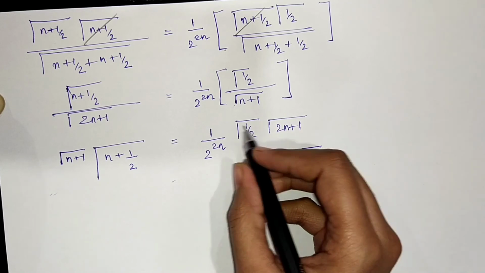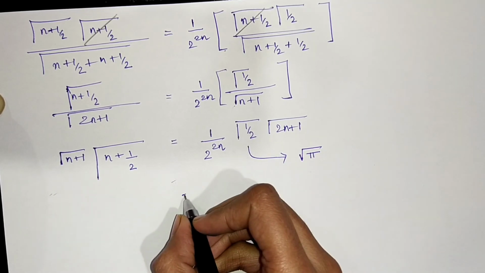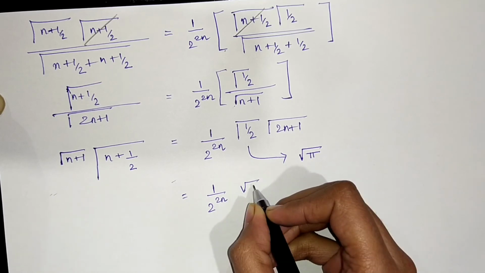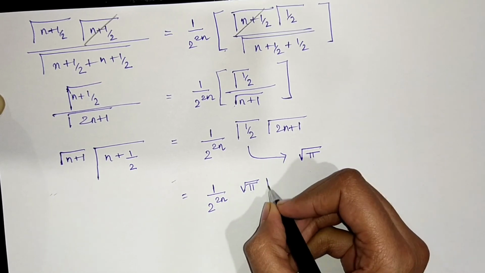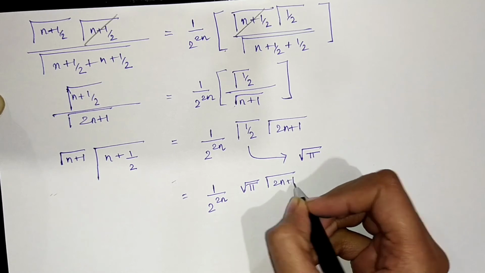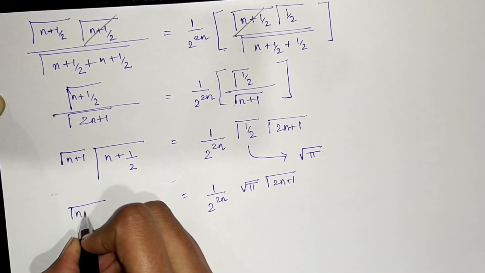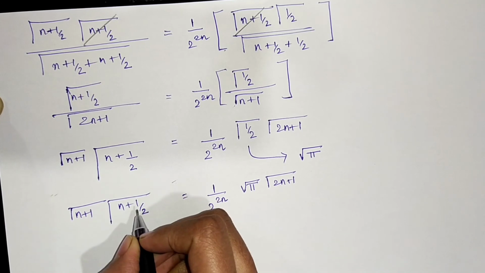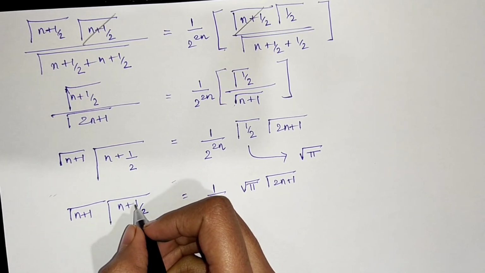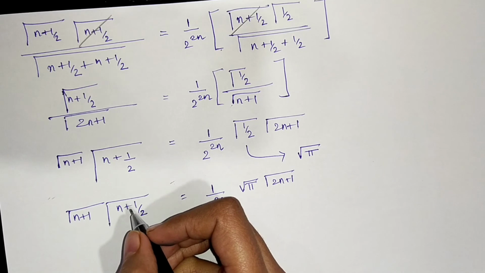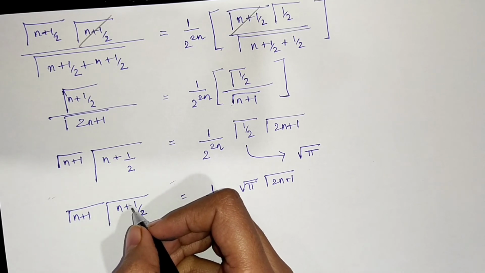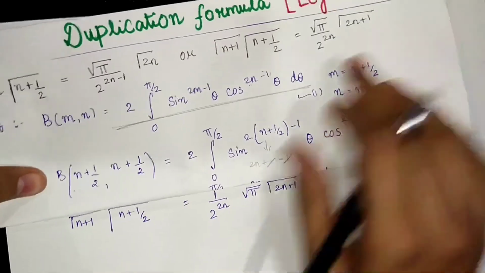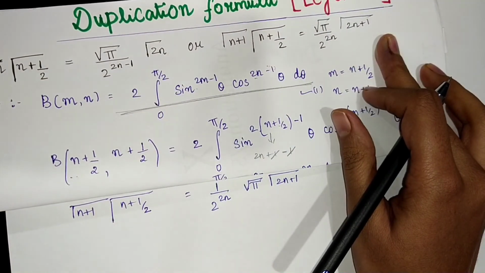So here in place of gamma 1 by 2 we will write under root pi. So we get 1 upon 2 raised to 2n under root pi into gamma 2n plus 1, and here these terms are as it is. So this is the Legendre formula that we want to prove.